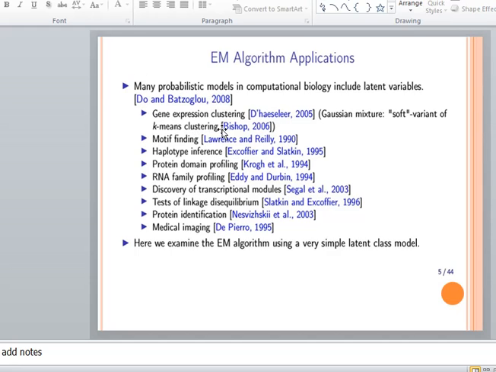It is also used in k-means clustering, and it is also used in protein domain profiling. It is also used in RNA family profiling, and there are a number of applications even in medical imaging where people are using the EM algorithm with a very simple latent class model.